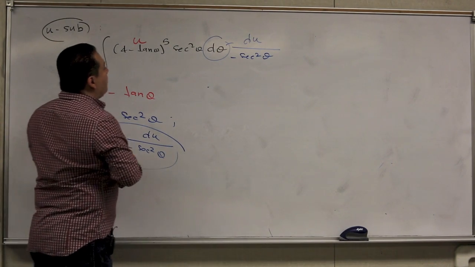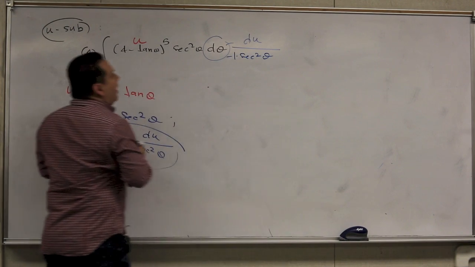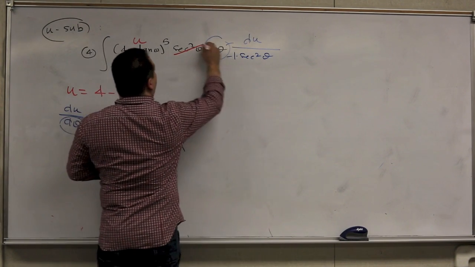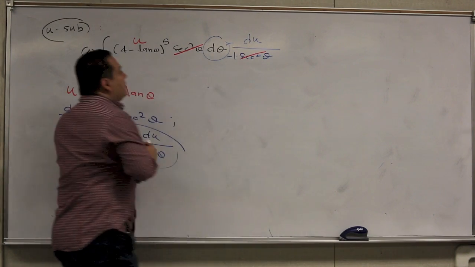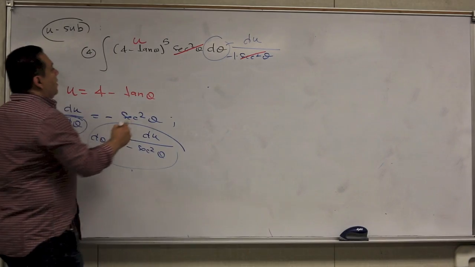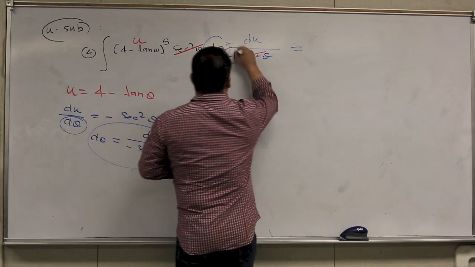Does anybody notice, what does minus secant squared theta actually mean? That's negative 1 times secant squared theta. What cancels? Secant squared theta. You guys notice how nice that works? Because these are all specially chosen. And what you end up then with is this integral now. Don't forget that's a constant.